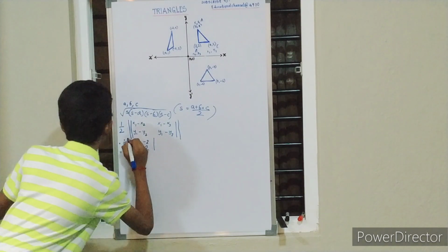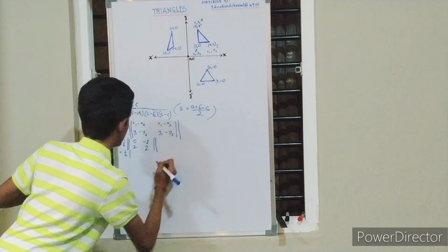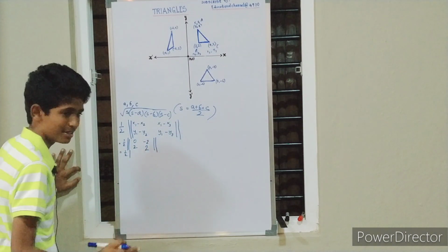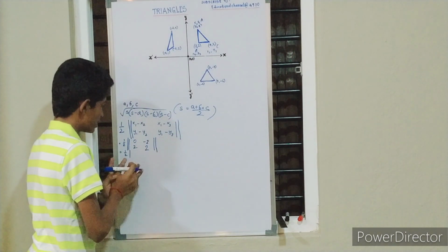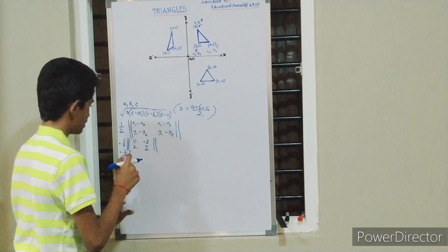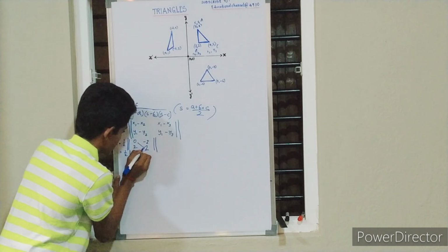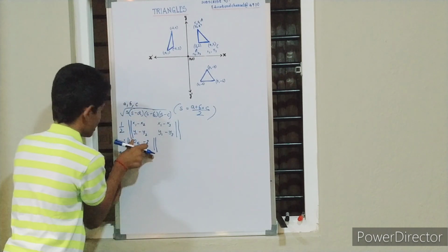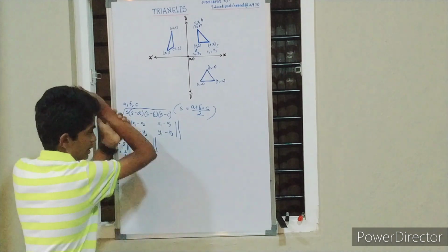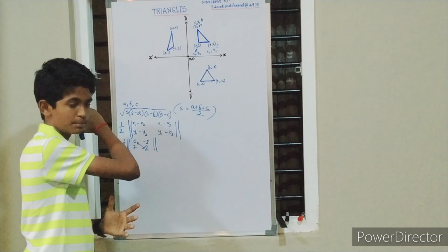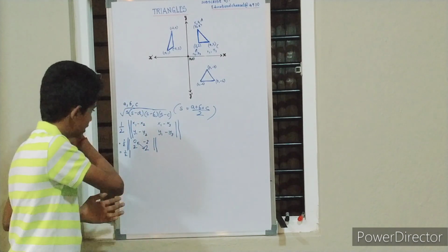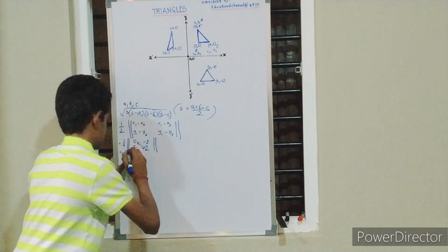Now what we are going to do is, we should not ignore this modulus sign. Now we are going to multiply first this side. From this side you have to go like this, you are going to climb up, from the right side. 2 into 0, 0.